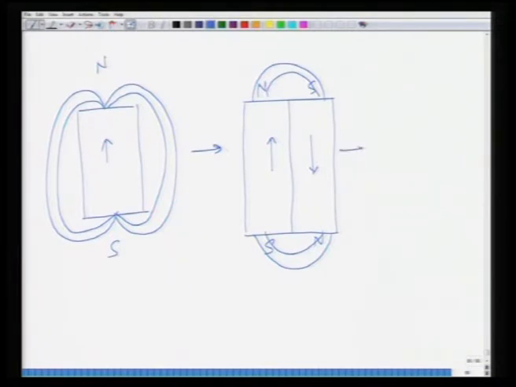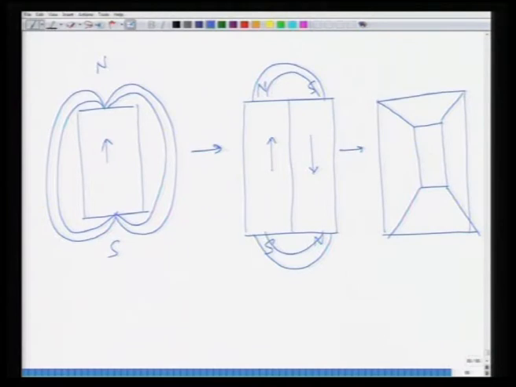I can make this slightly more different if I have a situation like this. Let us say this is spin down, this is spin up, and this again would be spin up, and you can have different regions here.